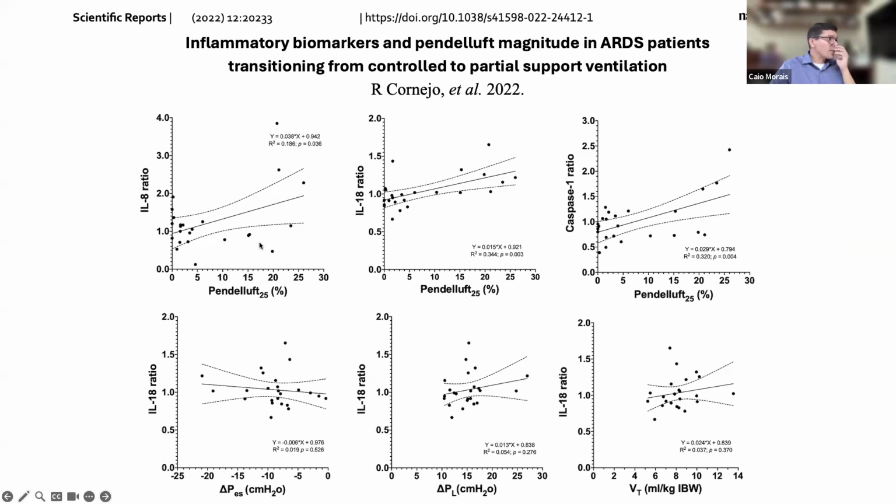Here we have a recent paper published by Dr. Cornejo comparing pendelluft with inflammatory biomarkers. And we can see that when we have patients with a huge amount of pendelluft, there is some relationship with interleukin 8 and caspase-1, suggesting this relationship.